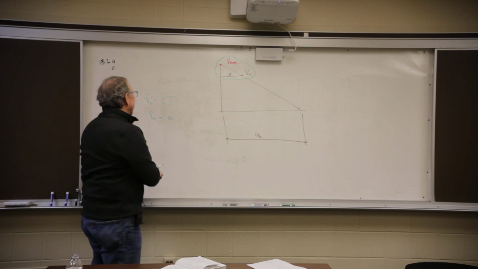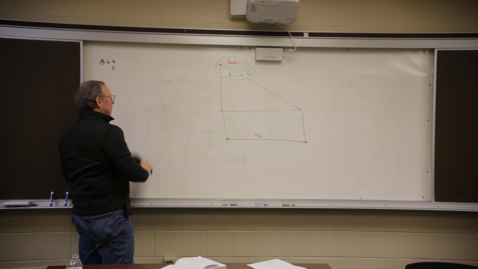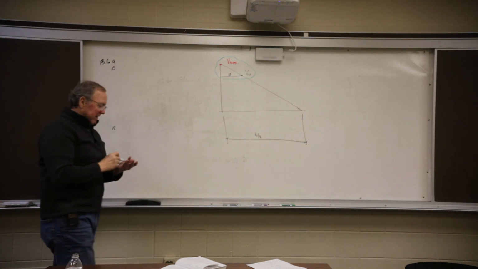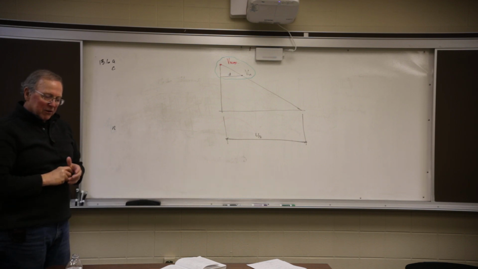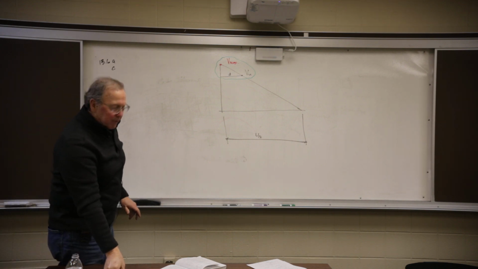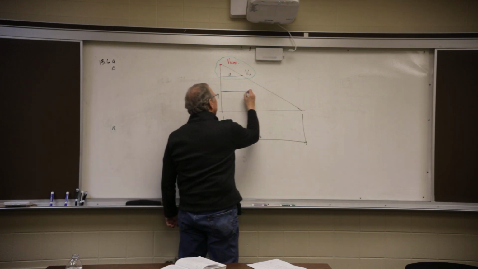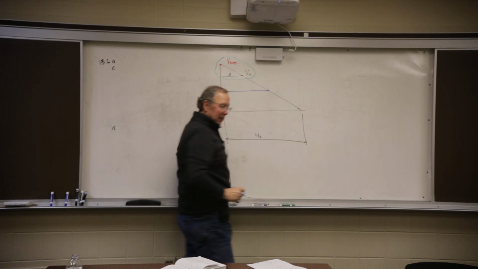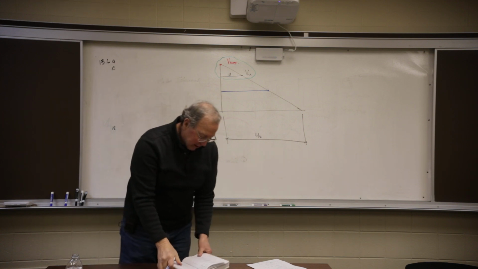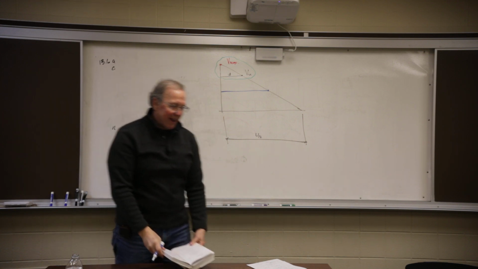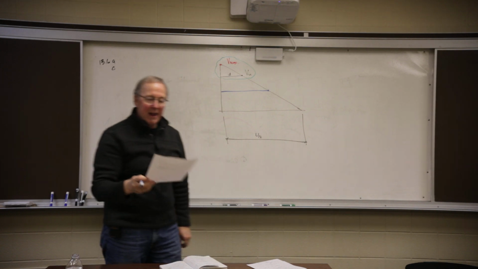So the next set is going to be based on what the concrete can contribute, and then the steel is going to pick up the remainder or code-driven minimums. So I'm going to put a line right here, just like your book has. And if you look at that line on the page, it gives you a little formula, as does your handout.